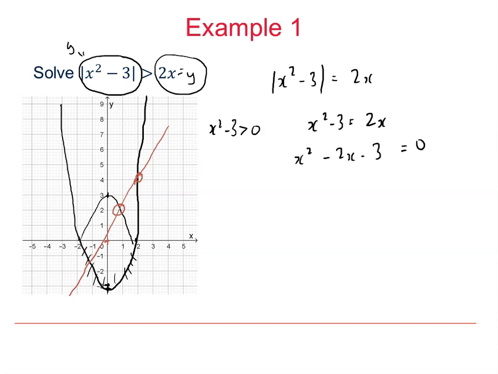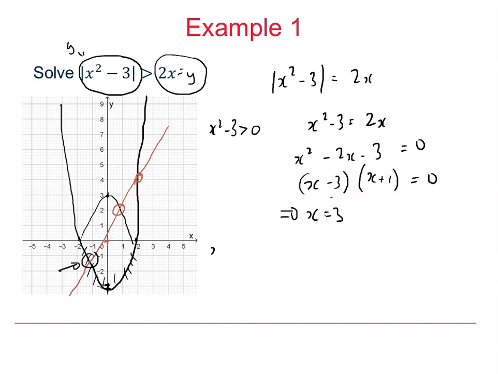And therefore we have x minus 3, x plus 1 is equal to 0. Well, x equals 3 is the one that we want. The other one, x equals negative 1, would be this point down here, but of course that's not a solution for the modulus of x squared minus 3 equals 2x.